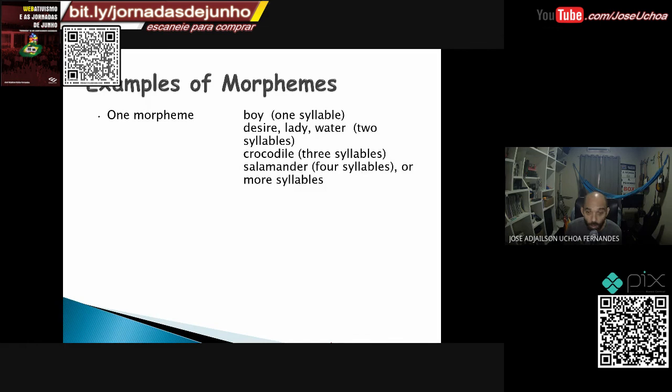And we have words sometimes that are coincident with only one morpheme. Okay, so we have words with one morpheme, with two morphemes, with three, four. How many morphemes you would like to? There's no fixed rule that limits the number of morphemes of a word.